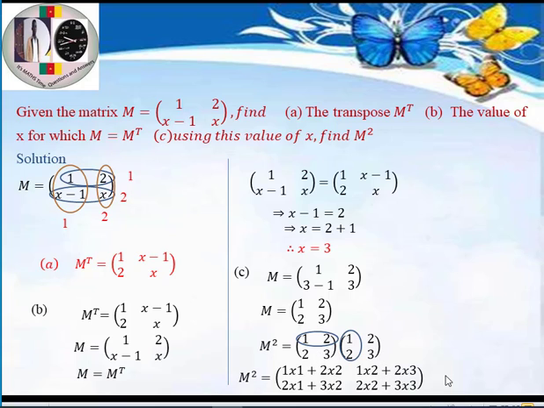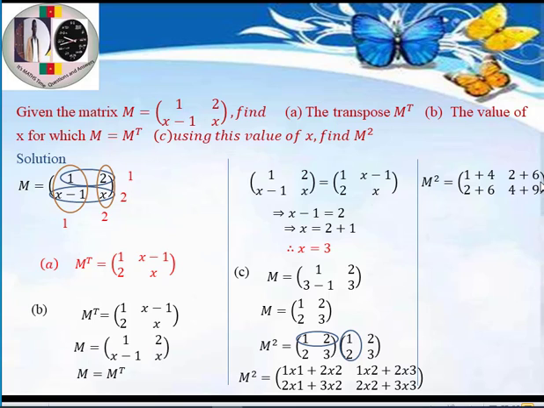So we multiply these and add them together to get the product, a 2 by 2 matrix. 1 times 1 is 1 plus 2 times 2 is 4, so 1 plus 4. 1 times 2 is 2 plus 2 times 3 is 6. 2 times 1 is 2 plus 3 times 2 is 6. 2 times 2 is 4 plus 3 times 3 is 9.